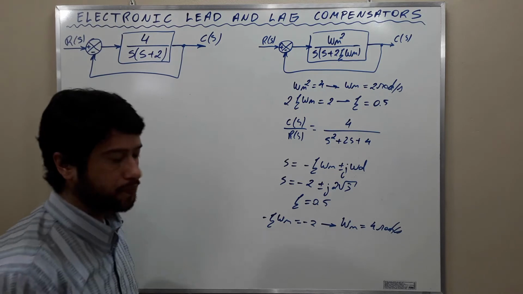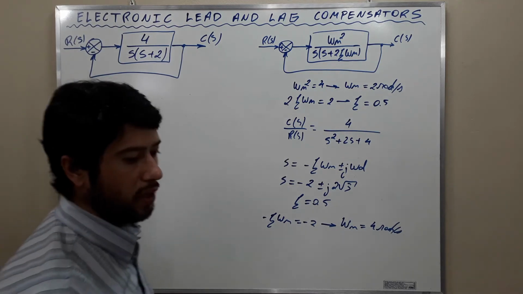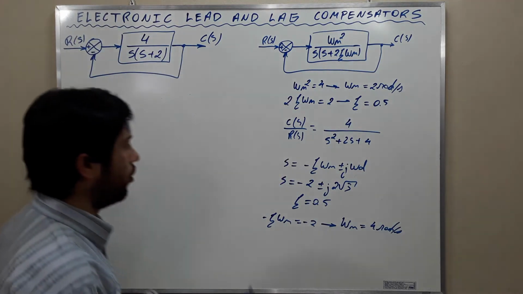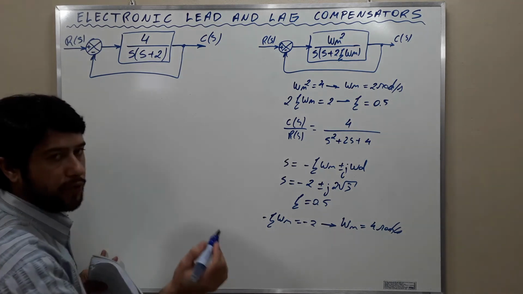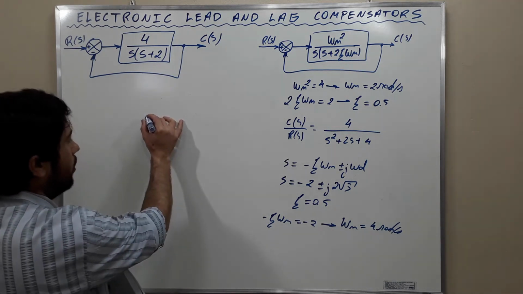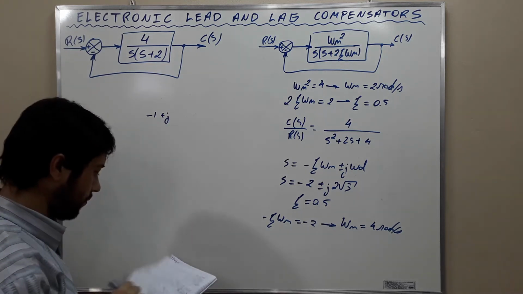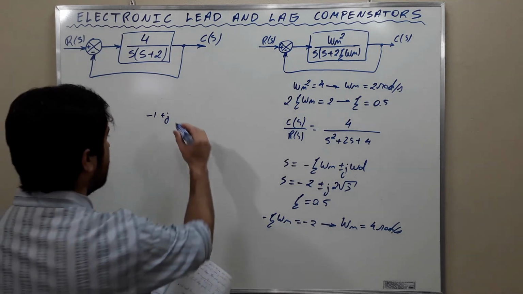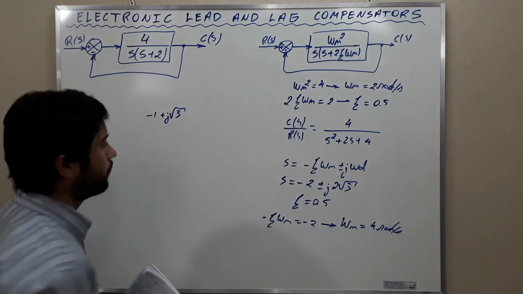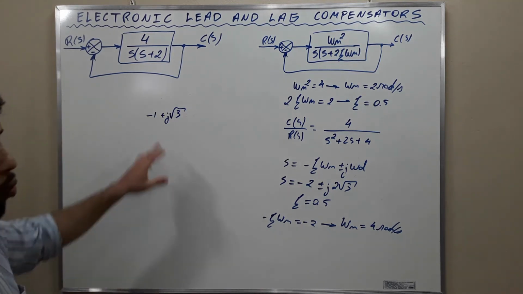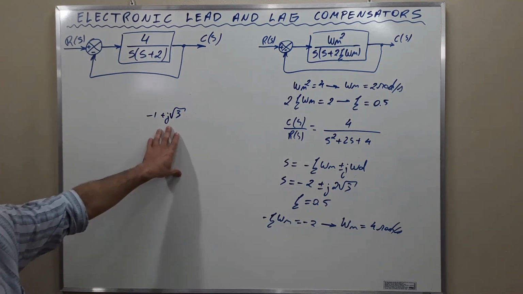Let's use the compensator. We had a pole at, for example, one of the poles, negative 1 plus j square root of 3. We have this.